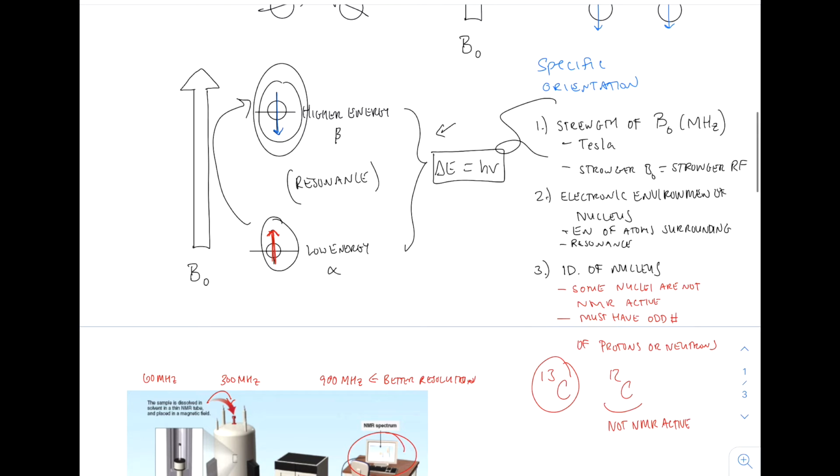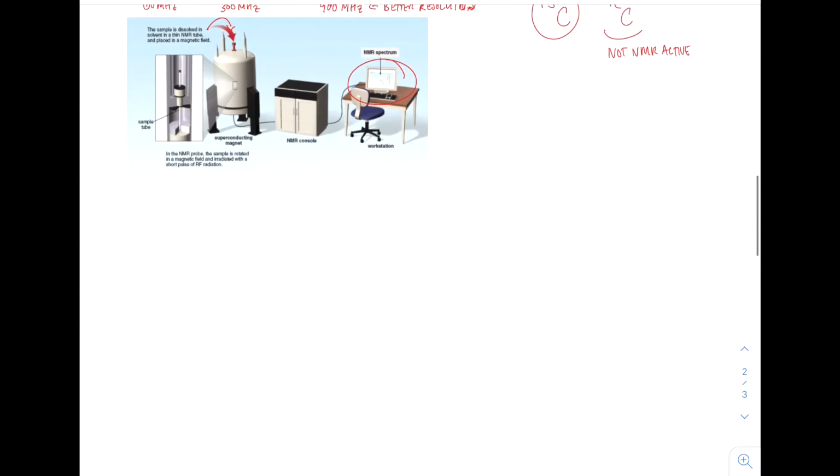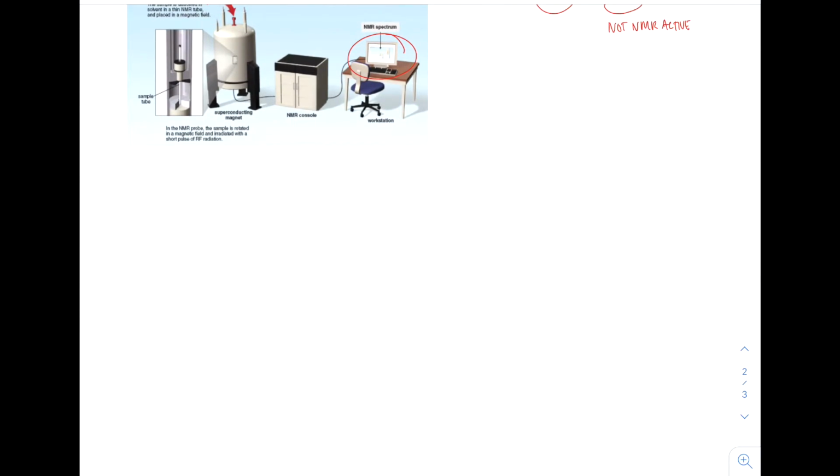All right, so let's take a look over here. We've got our magnetic field and its dependence on the radio frequency, or the radio frequency's dependence on the strength of the magnetic field. So let me draw you another diagram. It's going to be similar to this one here, but with slightly different axes.